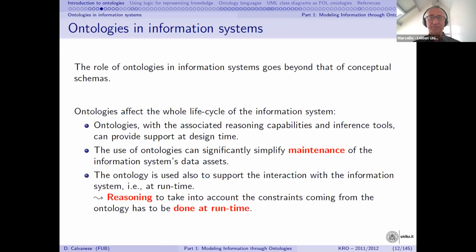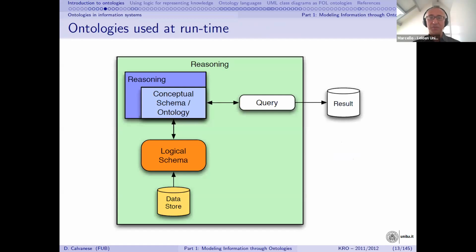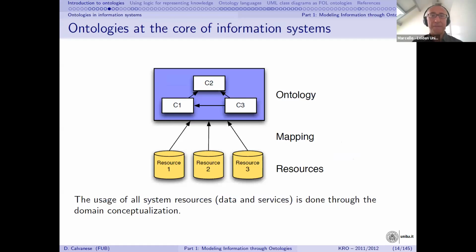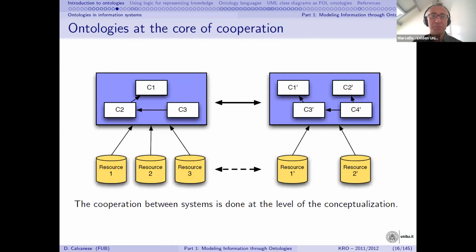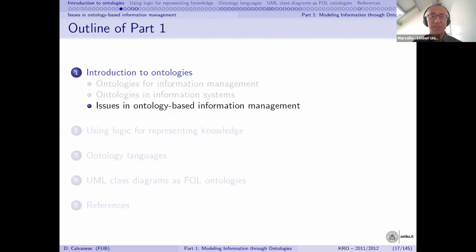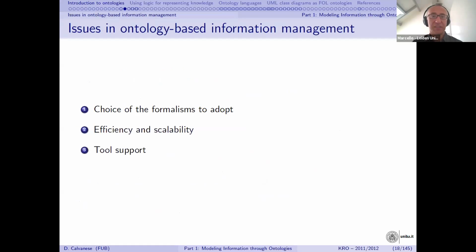And you can use it at runtime, or before at design time, and so forth. So these are all the uses of ontologies. And here come the things which are important: which formulas you have to choose, that have to be efficient, and there must be tool support.